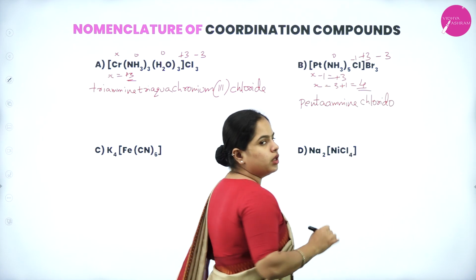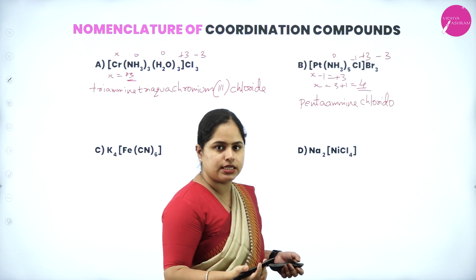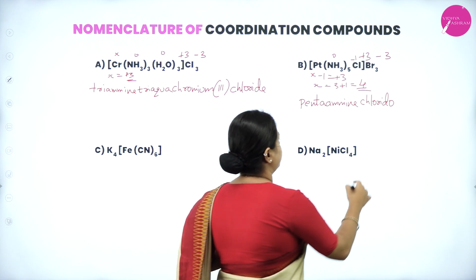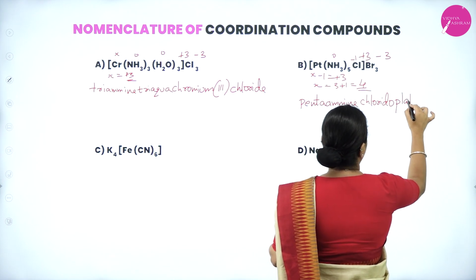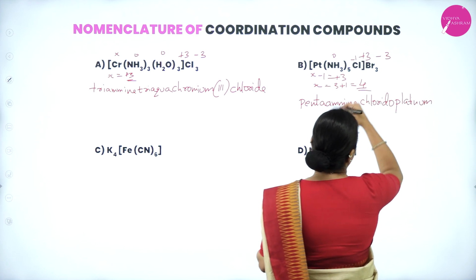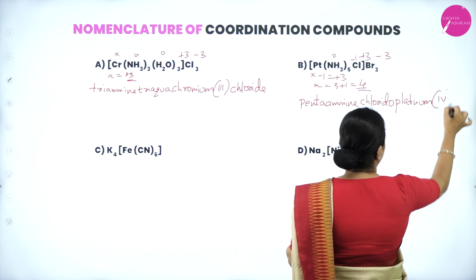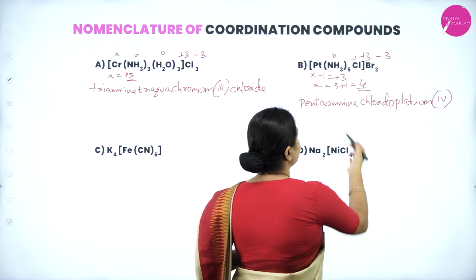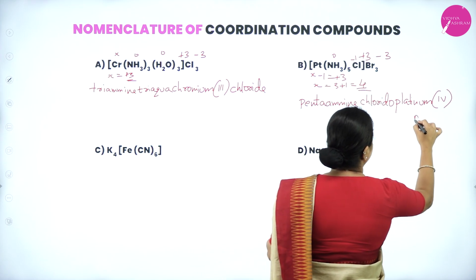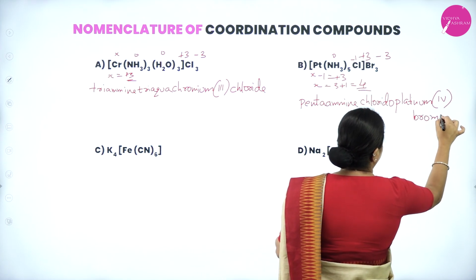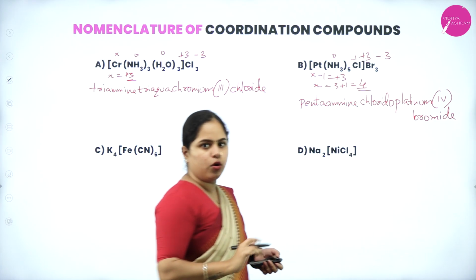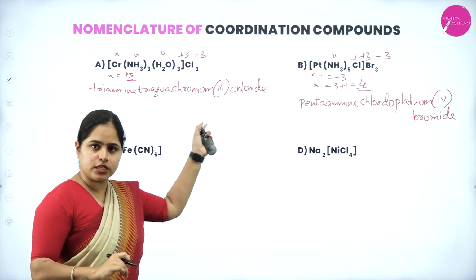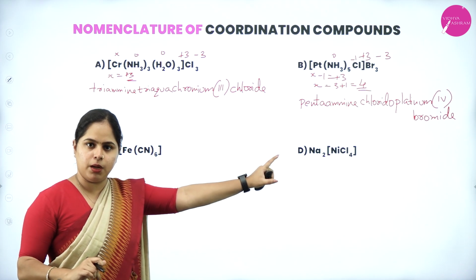Now, coming back to the central metal atom. As it is cationic, we name it as platinum itself. So I write platinum, and in brackets, I write the oxidation number in Roman numerals, which is 4. And what is the counter ion present? It is bromine, so I write it as bromide. I hope it is clear. If it was chlorine, I wrote it as chloride; for bromine, it becomes bromide.